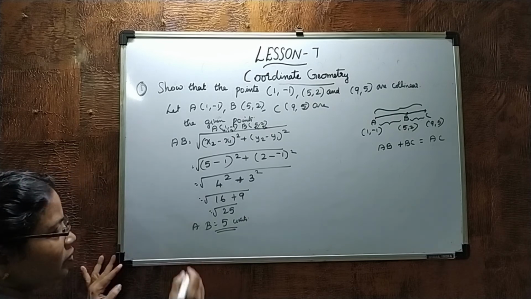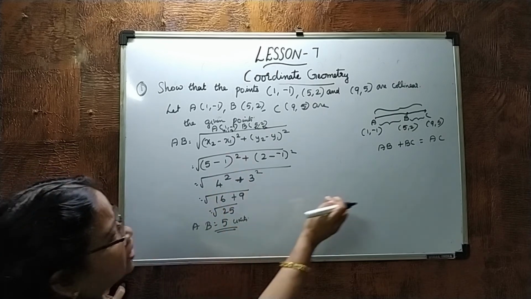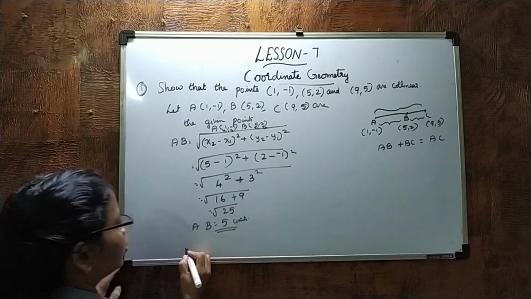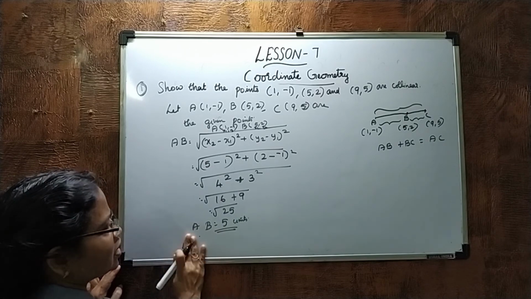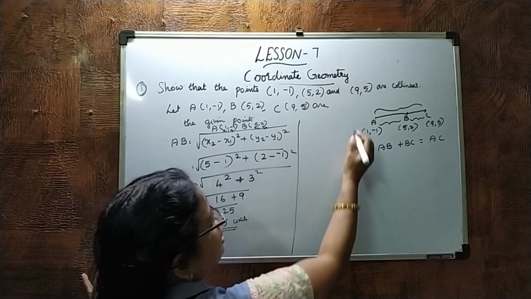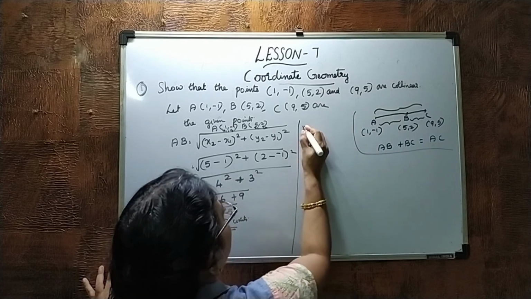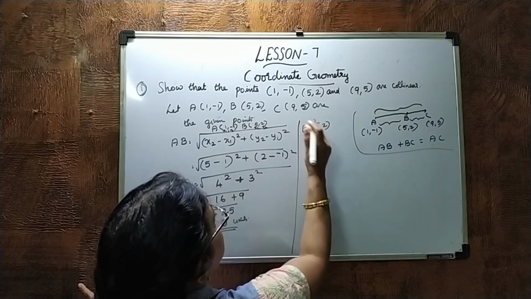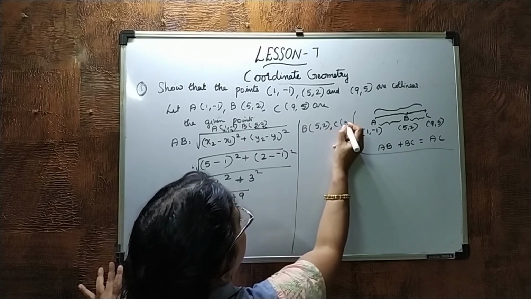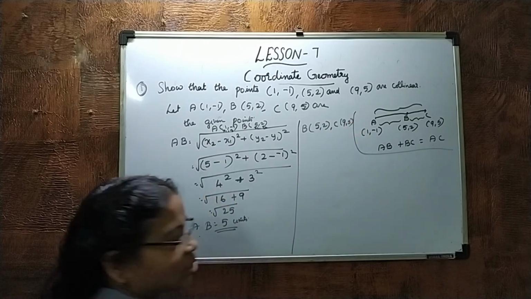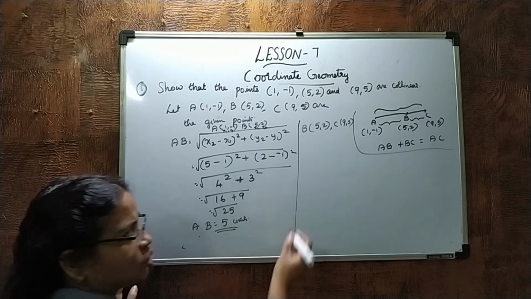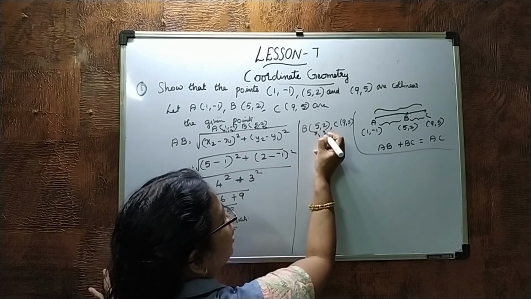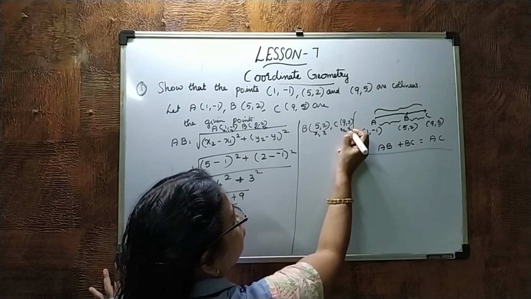The next one you have to find out is BC. B is the point (5, 2) and C is (9, 5). Here also take x1, y1 and x2, y2.